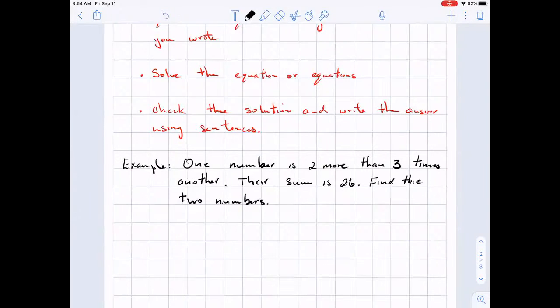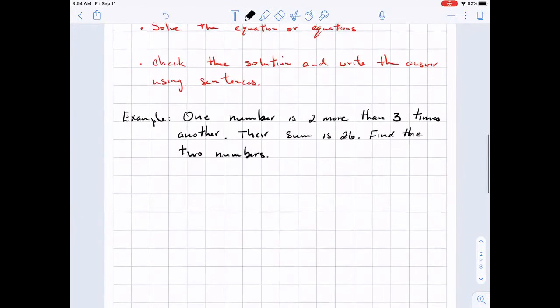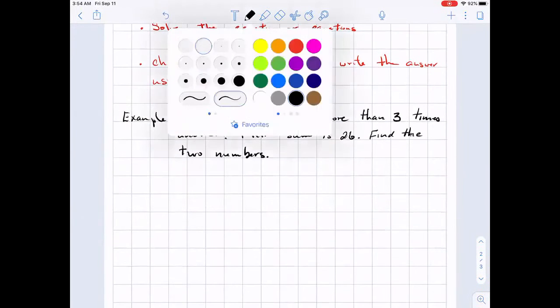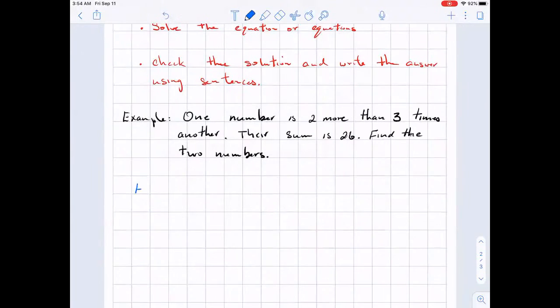We do know we have to work with two numbers. So some hints or notes: we have two numbers, okay?